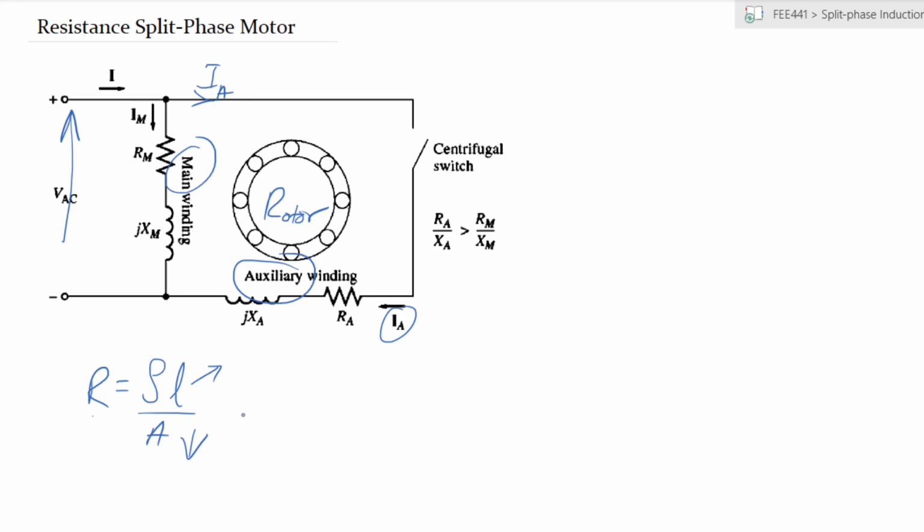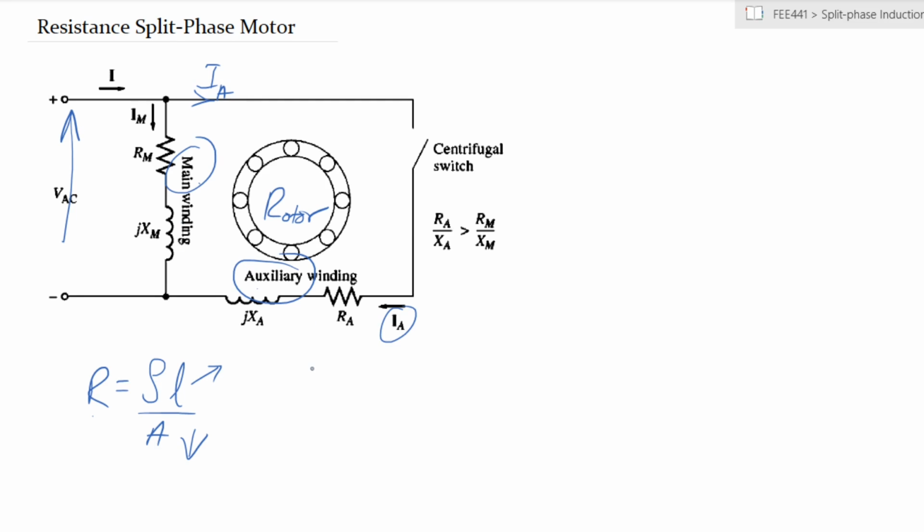If you decrease the area, you will increase the resistance. Those are the characteristics that are played with in order to get these two characteristics.